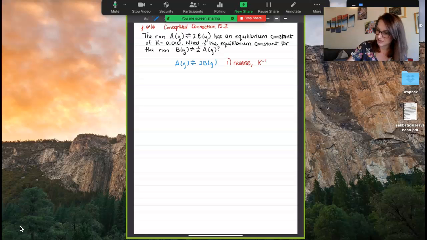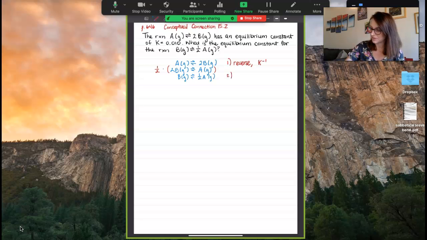So now if it is reversed, it looks like this. It looks like we would need to multiply by 1/2 in order for it to look like the desired reaction that I'm trying to study. So multiply by 1/2.